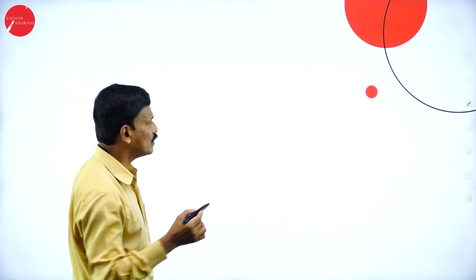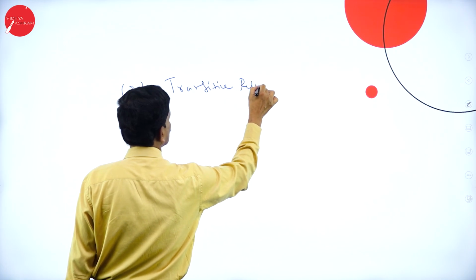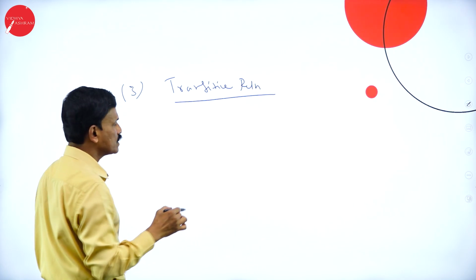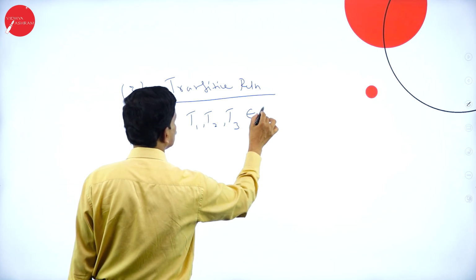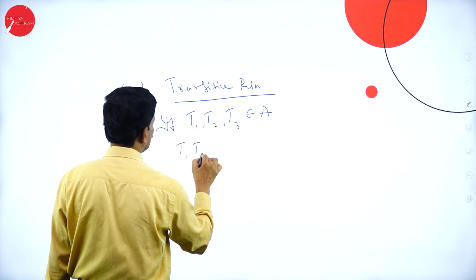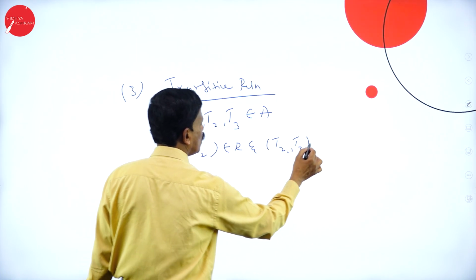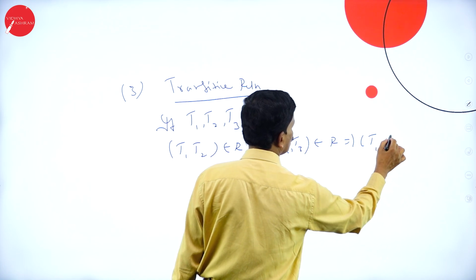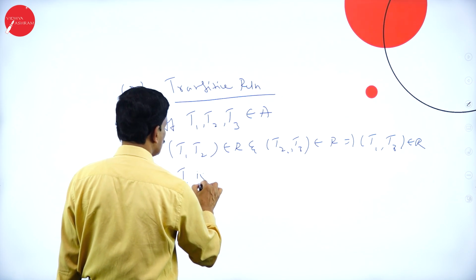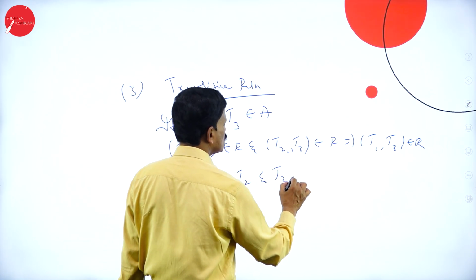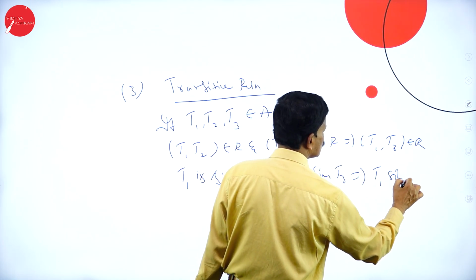Now let us come to the third one, the transitive relation. Let us consider, for all triangles T1, T2 and T3 belonging to A, if (T1, T2) belongs to R and (T2, T3) belongs to R, it implies (T1, T3) also belongs to R, because T1 is similar to T2 and T2 is similar to T3, implies T1 is also similar to T3.